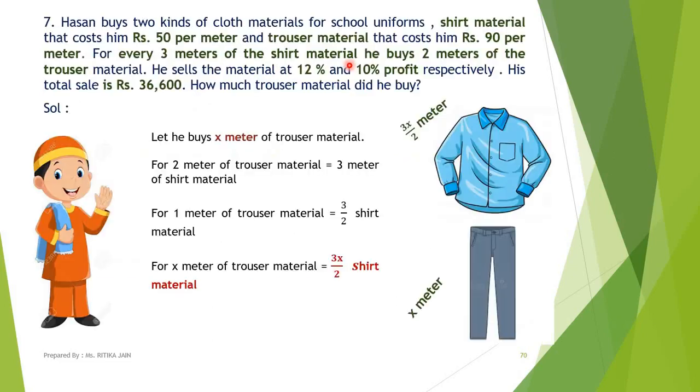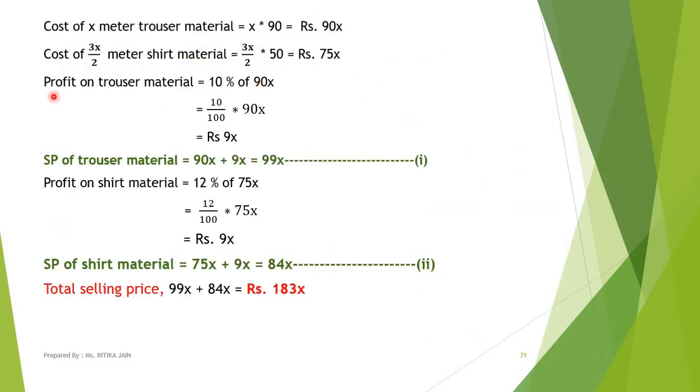Okay. Now, in the next part, he gets a profit of 12% and 10% on shirt material and trouser material respectively. So profit on trouser material is what? 10%. So 10% of 90x. Okay. So how will we calculate the amount of profit? 10%, 10 upon 100.